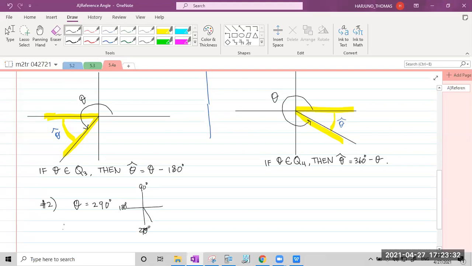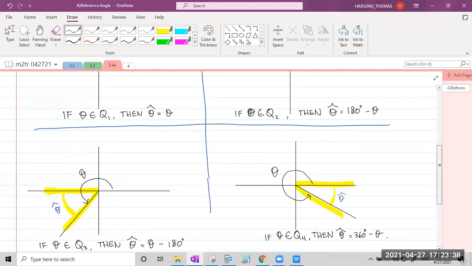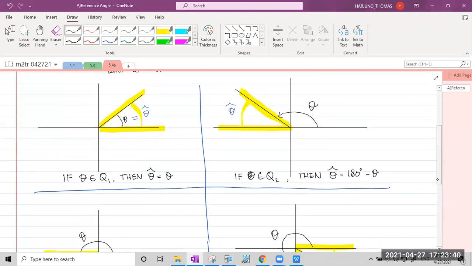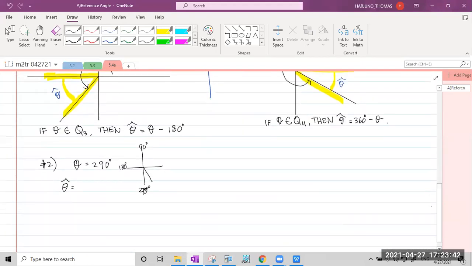What is theta hat? You need to identify first which quadrant it is located in so that you know which appropriate formula to use. In quadrant 4, the reference angle is 360 degrees minus theta. So theta hat is 70 degrees. That's for part A.